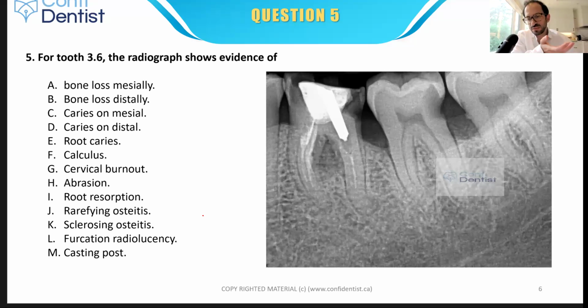But just remember, mental spine is the other name for genial tubercle. So what you're saying is not wrong. Mental spine and genial tubercle can be used interchangeably. No, it's not mental protuberance, it's mental spine.